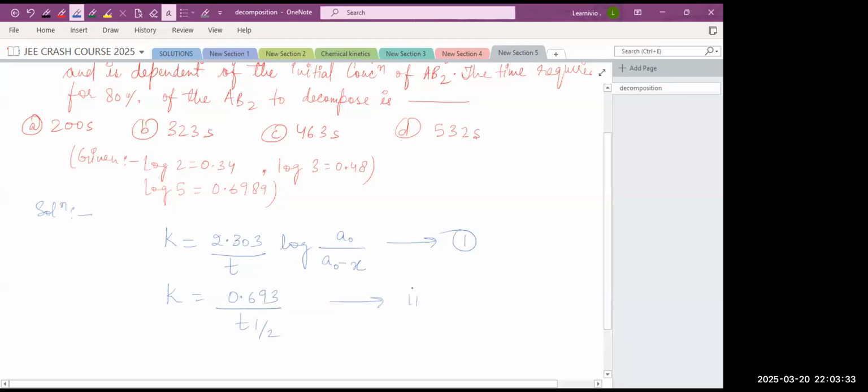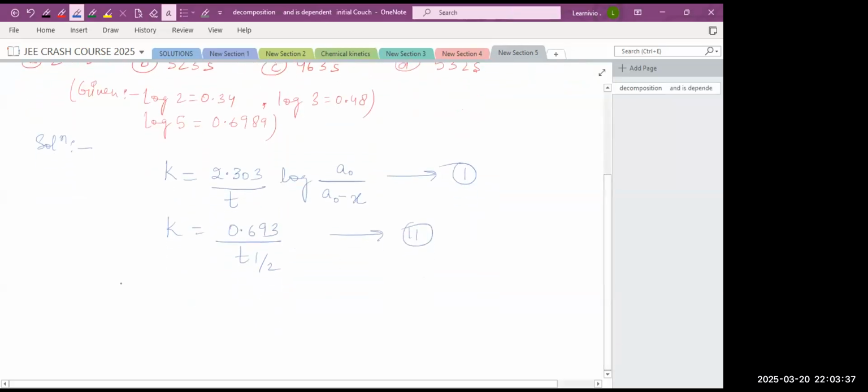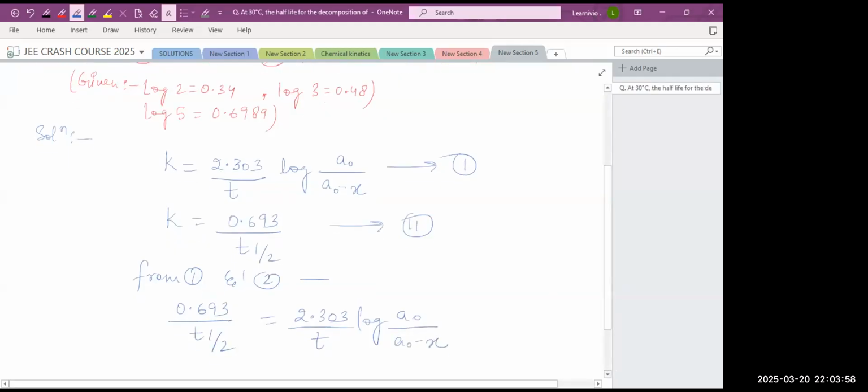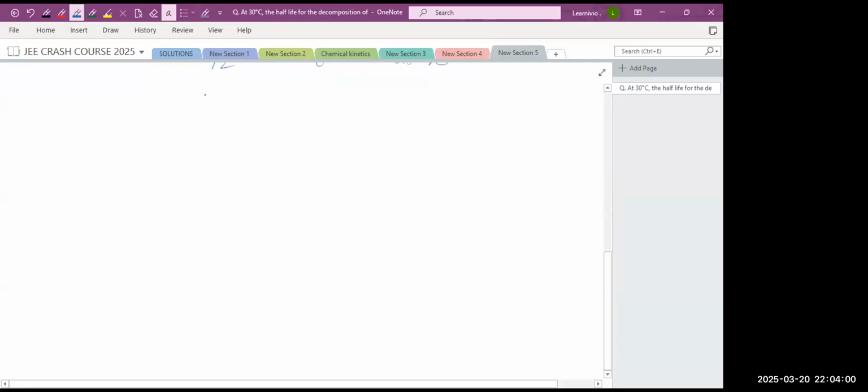Mark it as equation 2. So from equations 1 and 2, T half will be equal to 2.303 over t log A naught upon A naught minus x. Now what is given over here is the value of T half.